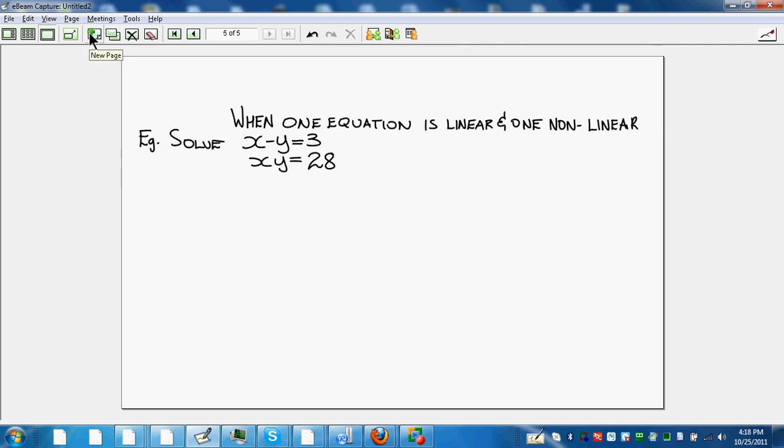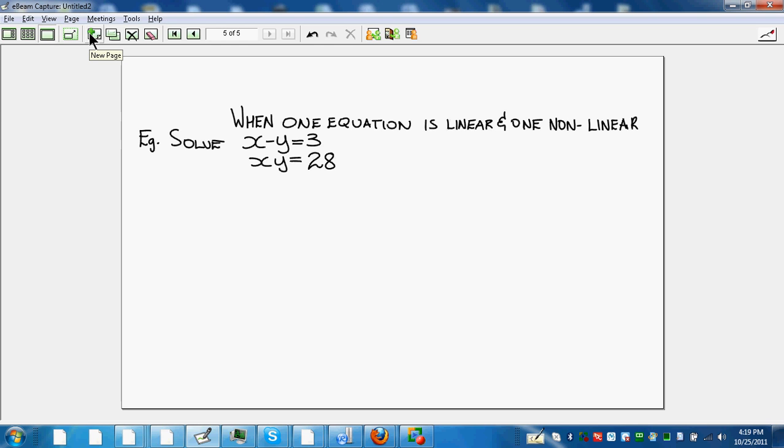Okay, the next area we'll look at is if we have a pair of simultaneous equations where one equation is linear and one is non-linear. What we did previously is when both are linear. In this case, one is linear and the other one is non-linear.